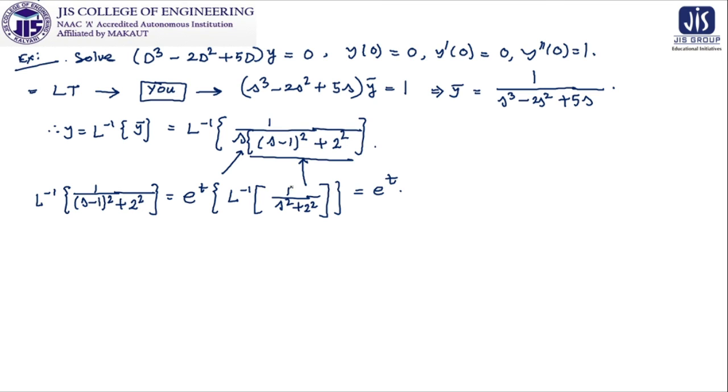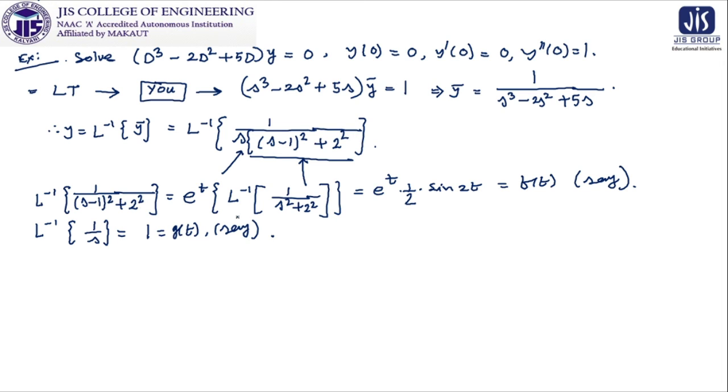For this I have to adjust a 2 in the numerator, so I write 1 by 2 sine 2t, and assume it as f(t). The other Laplace inverse transform, of 1 by s, is a very simple thing, it is 1, and we assume it as g(t).